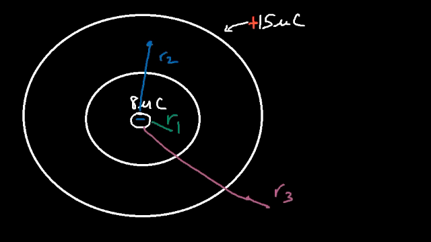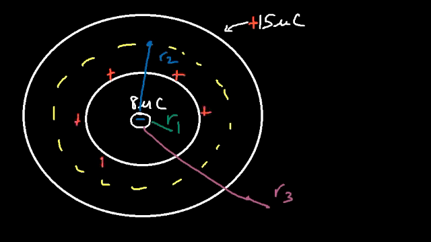So what is the charge on the interior of the conductor and on the exterior? So first, let's draw a line to separate the interior part of the spherical conductor and the exterior part. Now, because we have a charge on the inside that's -8, an opposite charge will form on the interior of the conductor, and it's going to be equal in magnitude to this charge.